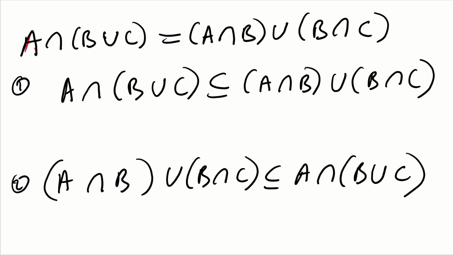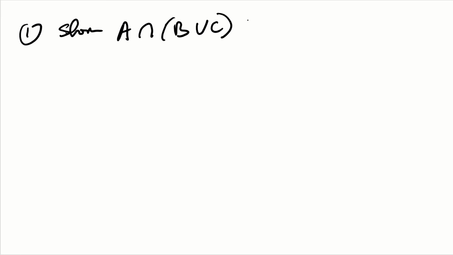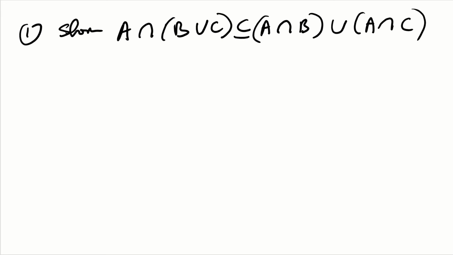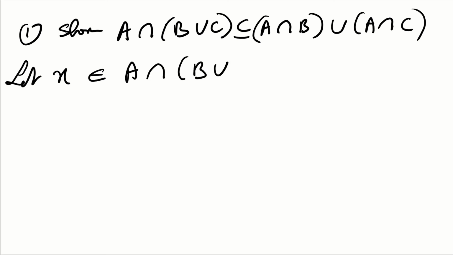So let us see how to prove expression 1. For expression 1, we want to show that A intersection (B union C) is a subset of (A intersection B) union (A intersection C). To show this, we say let x be in A intersection (B union C).